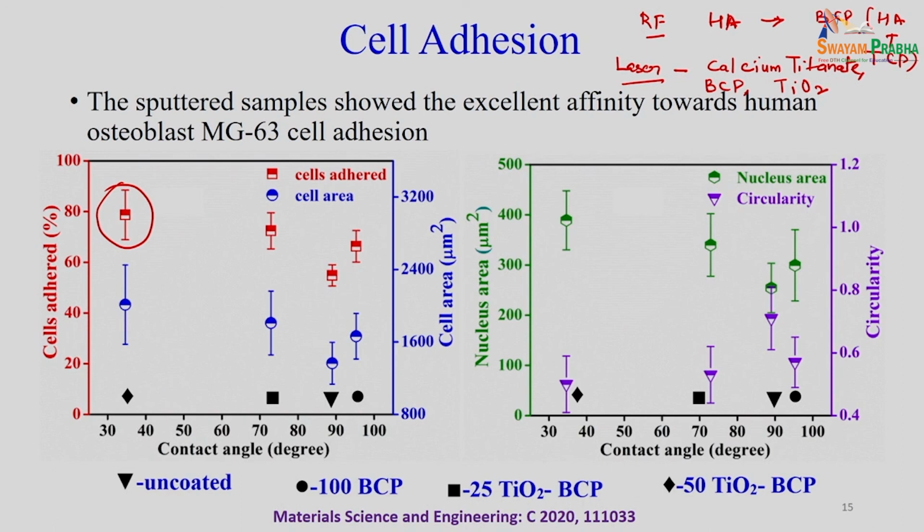titania. Particularly in the case of laser, we apply very high power, so that your powder or coating is melted and gets deposited. In that case the upper layer of your surface is also partly melted.